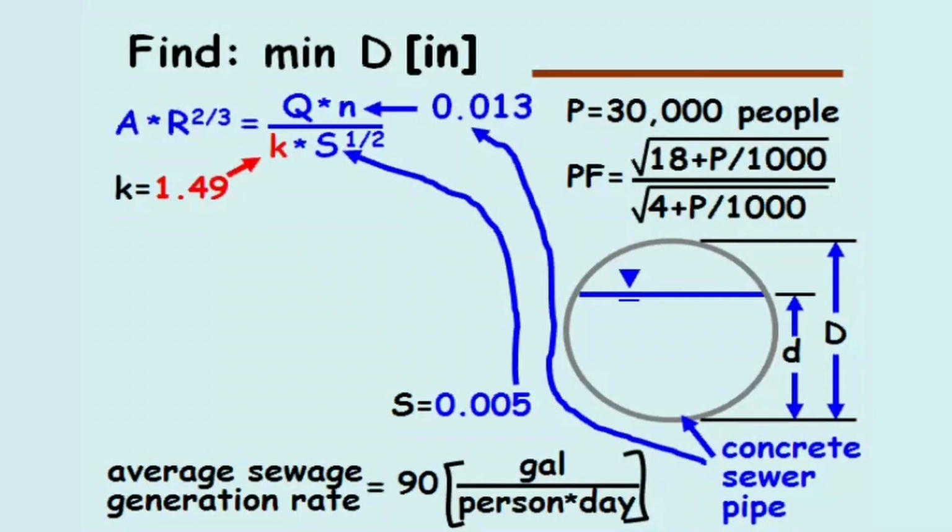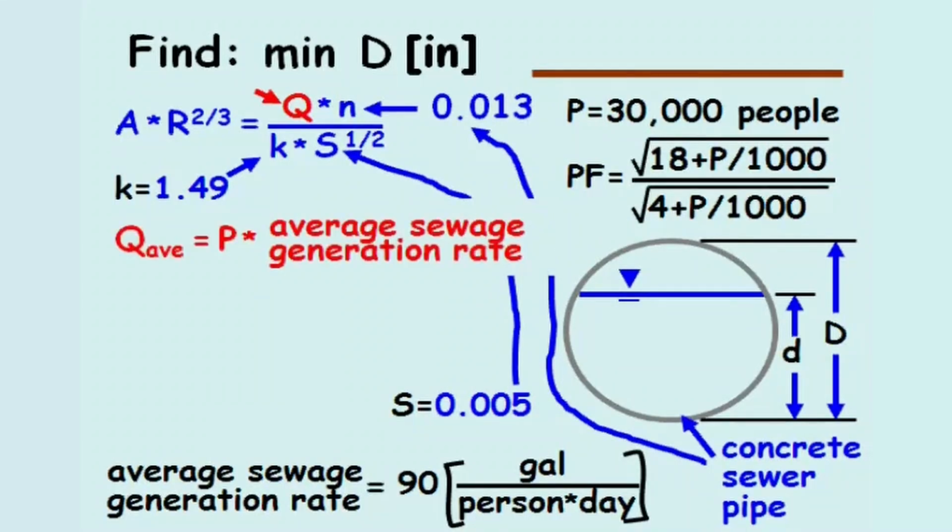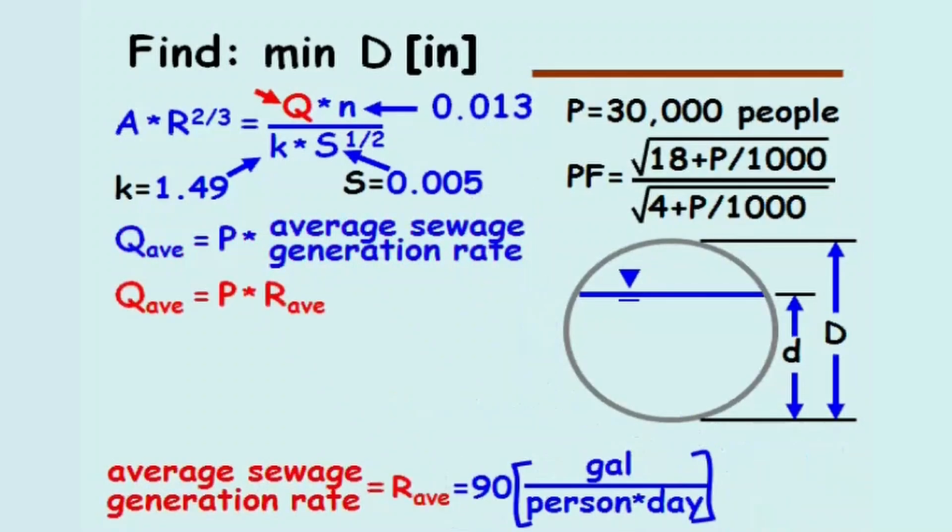Lastly, we turn to our flow rate, Q. The average flow rate of sewage through the pipe equals the total population, P, times the average sewage generation rate. For sake of space, we'll abbreviate this generation rate R sub AVE.